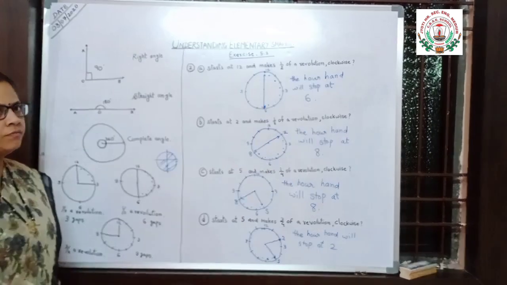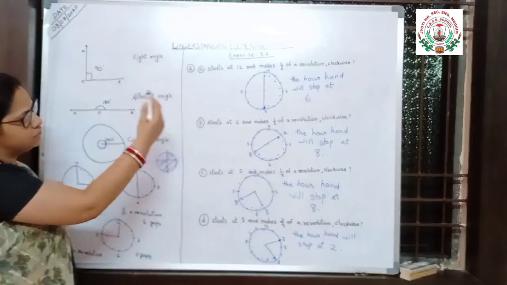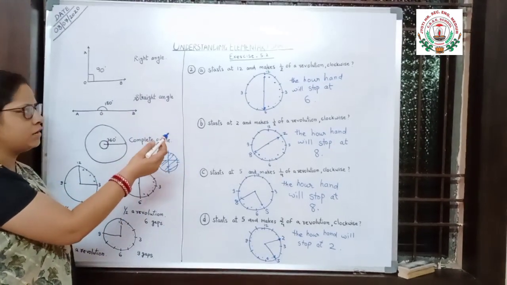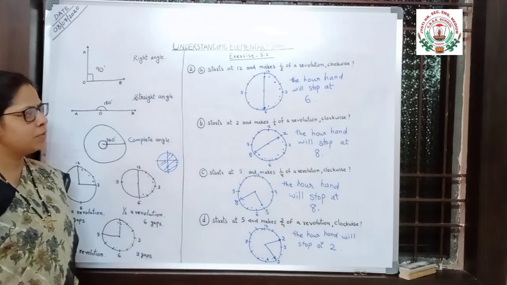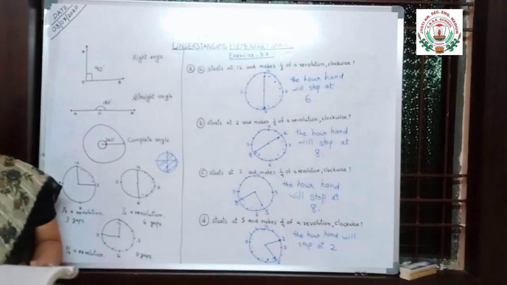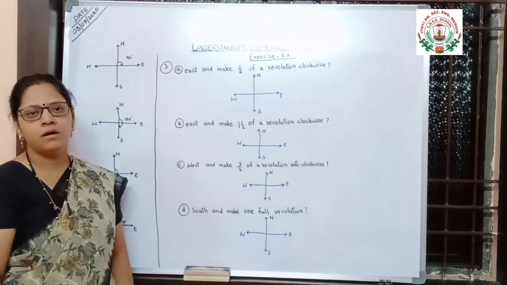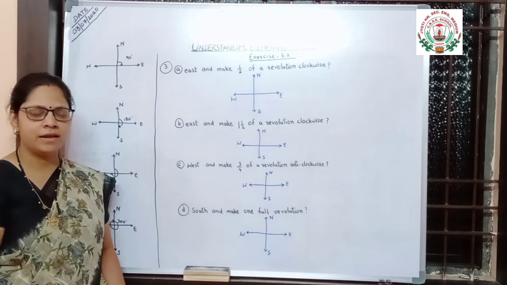So in this way, starting at which number, after making a certain revolution, at which number it will stop. So about the clock, we have completed question number 2. Now let us see about the directions.